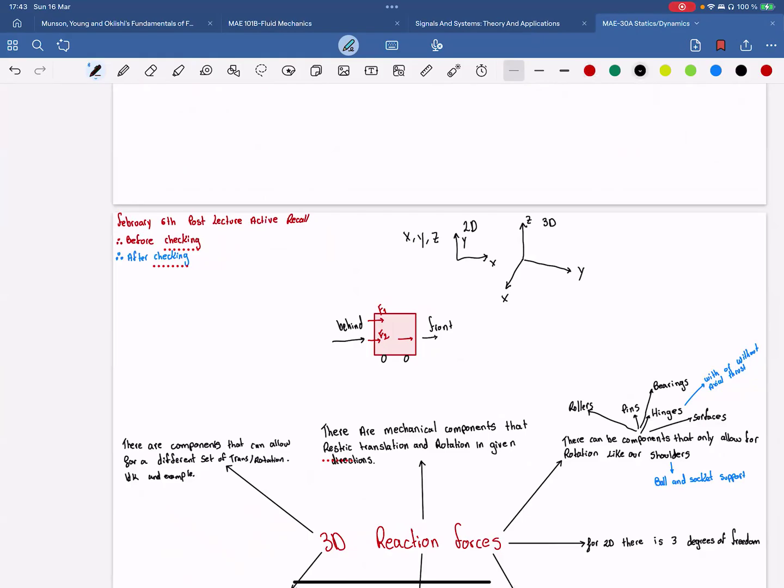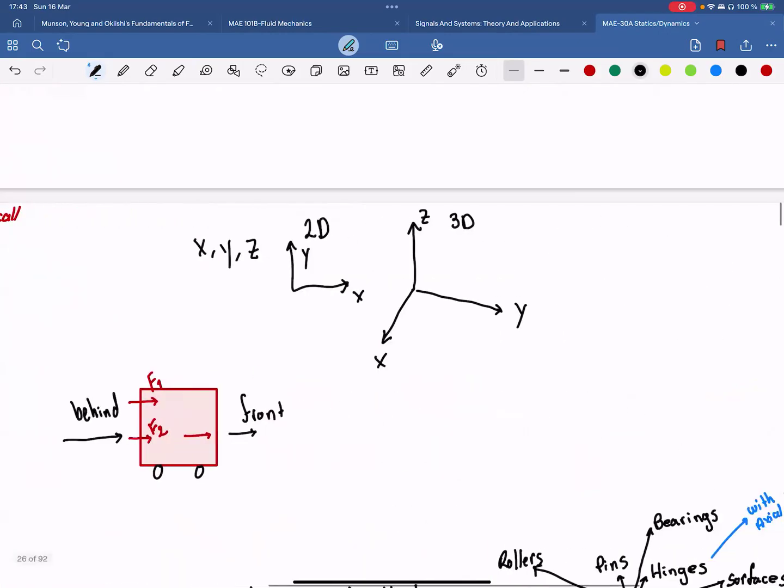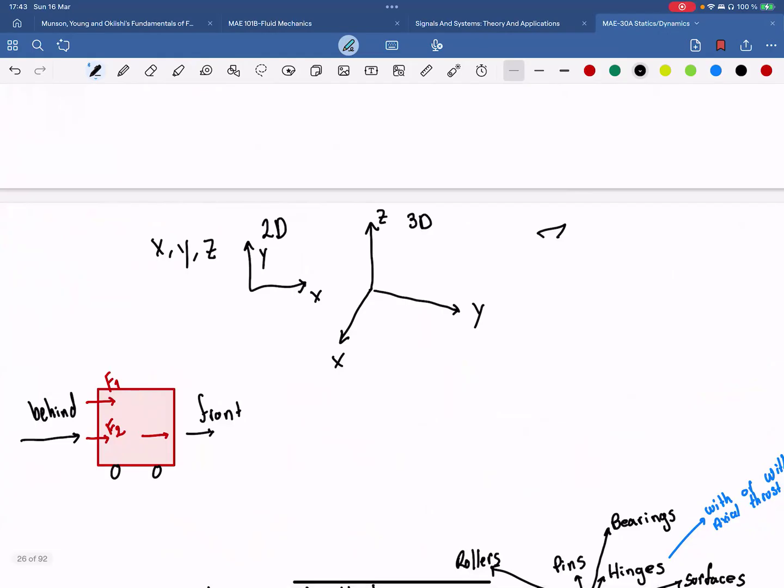Sorry, I forgot to mention that for particles, we can use two or three sets of equations, depending on the dimension of the problem. So Fx equals 0, Fy equals 0, and Fz equals 0. These are the conditions for static equilibrium, which means that the sum of the forces acting on a particle or a rigid body is going to end up being 0, because the particle is at rest.